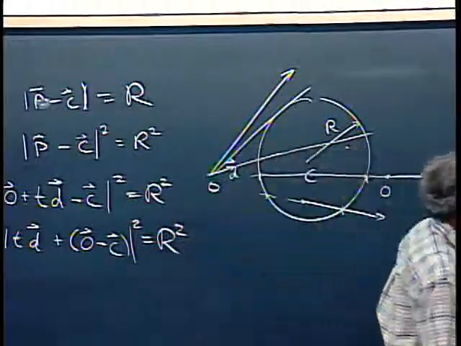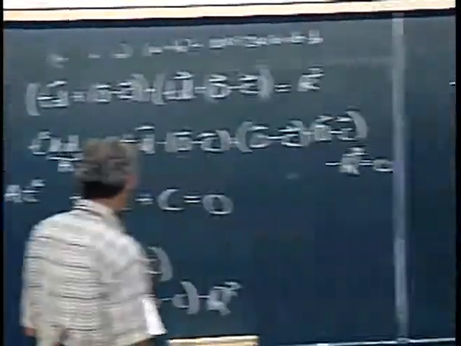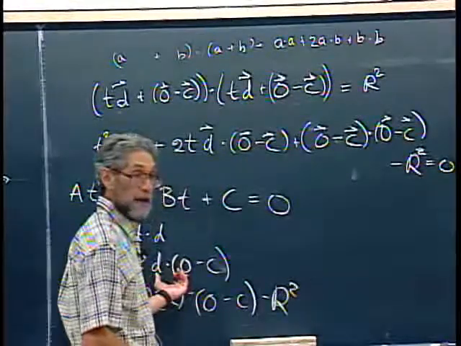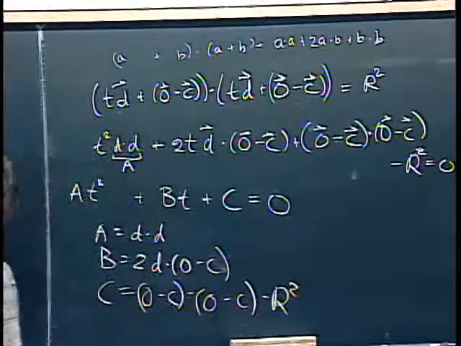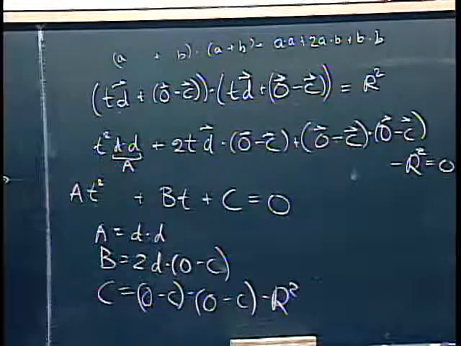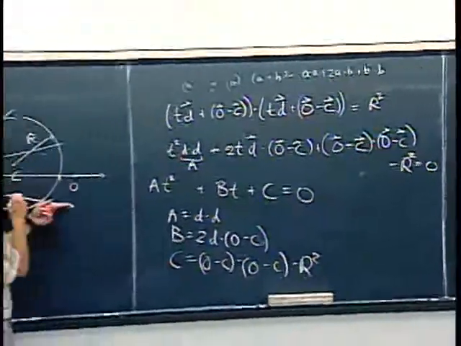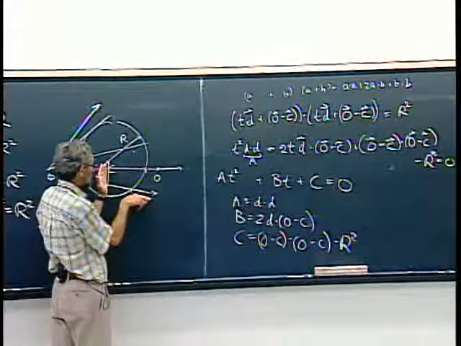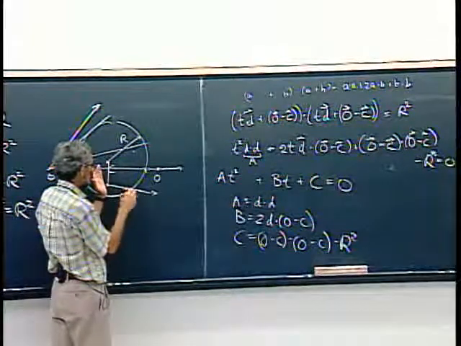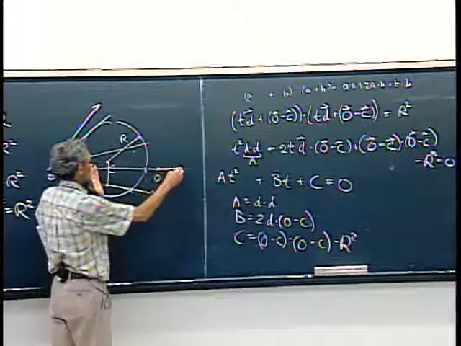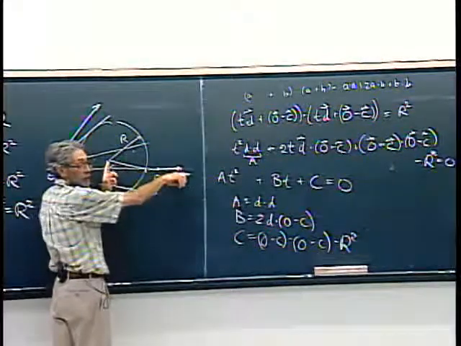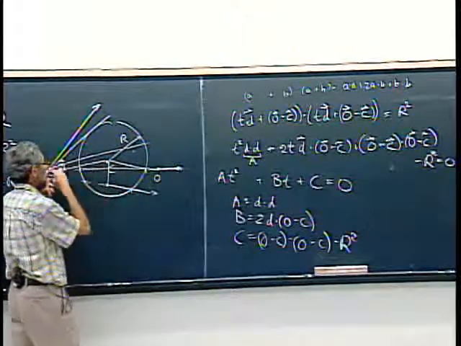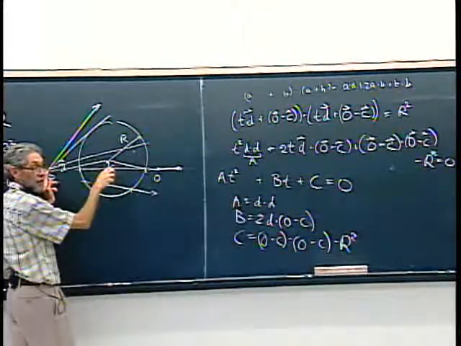So now, if we look over here, B could be either positive or negative, depending on whether this direction vector makes, here I guess it's 0. It's exactly perpendicular. But if this direction vector is like this, compared to that, then you're heading away from the sphere. And if the direction vector is like this compared with the vector O minus C, then you're heading toward the sphere.